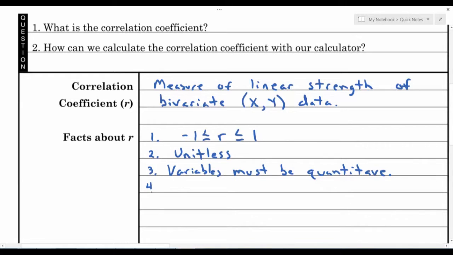Number 4, correlation coefficient makes no distinction between X and Y. That is, if you switched the X variable with the Y variable, you would find that R remains the same.